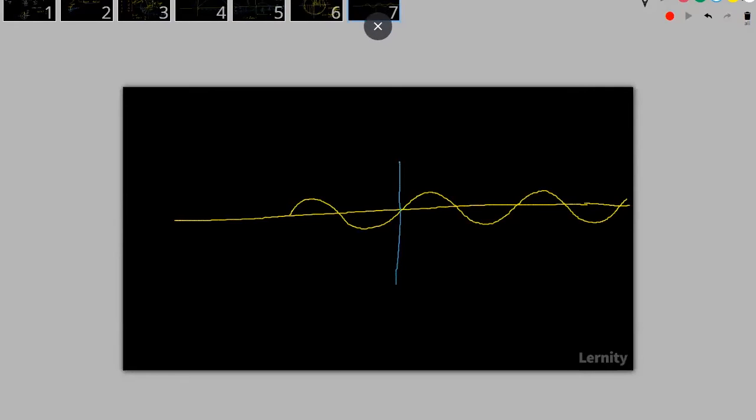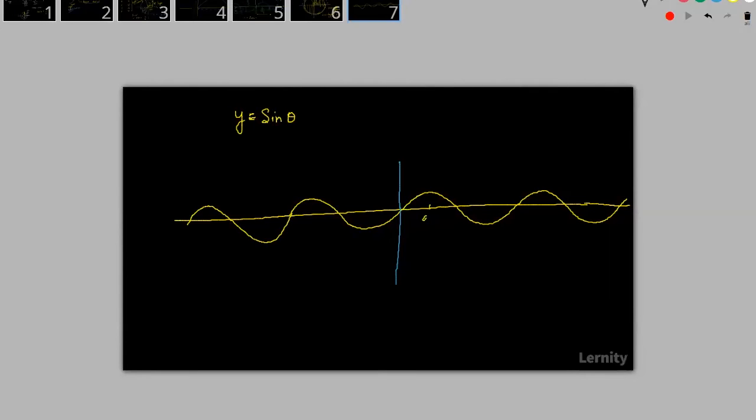So this is the sine curve, written as y equals sine of theta. For different values of theta, we can find the values of sine.